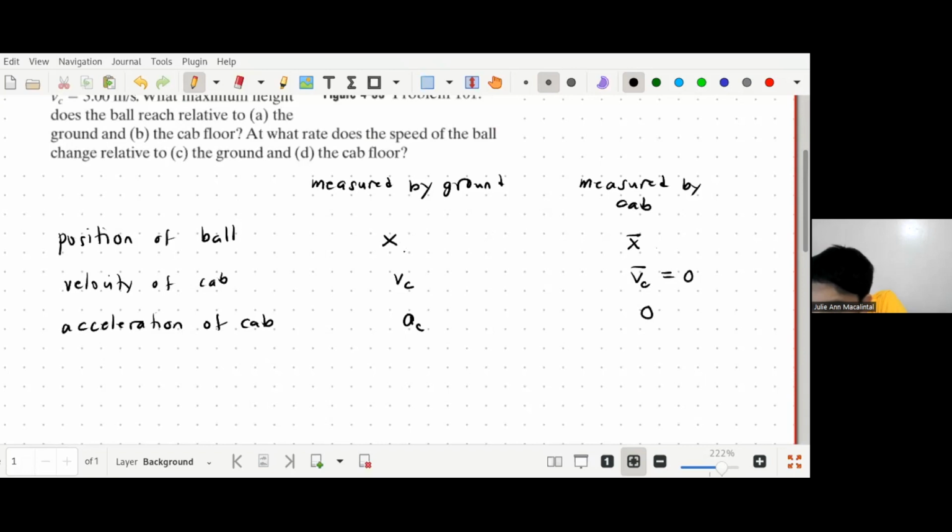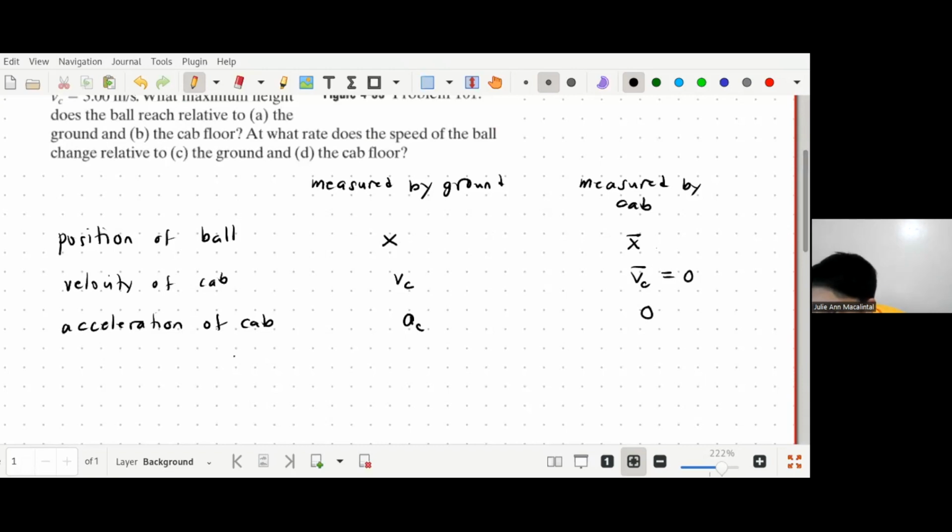So, yung first step, ang pwede mong gawin ay, ano yung x? So, paano ma-relate yung position of the ball with respect to the position measured by the cab?